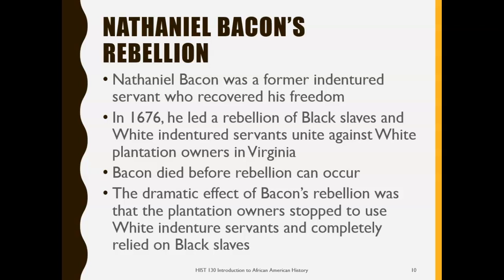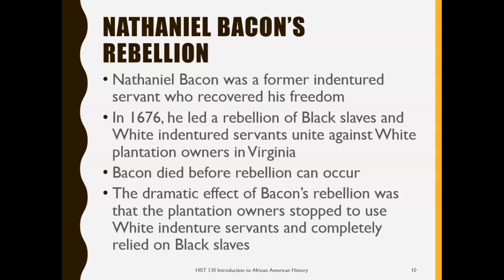So what happened to the status of indentured servant? Why did the English stop using indentured servants? The rebellion led by Nathaniel Bacon in 1676 had to do with that. Nathaniel Bacon was a former indentured servant, but he became free at the end of his contract, so he recovered his freedom.